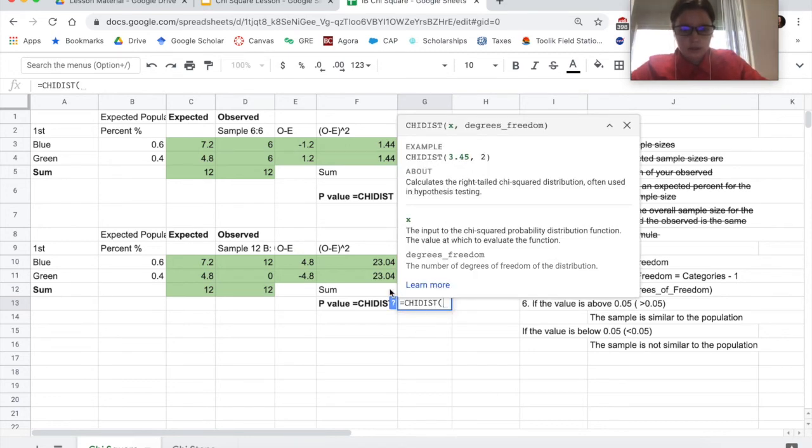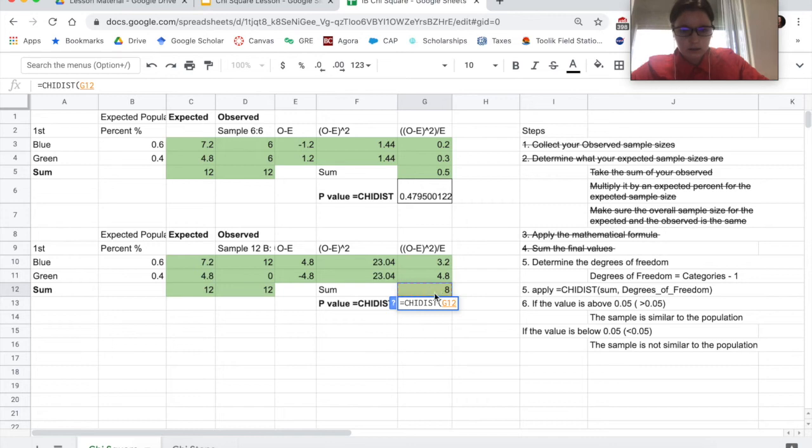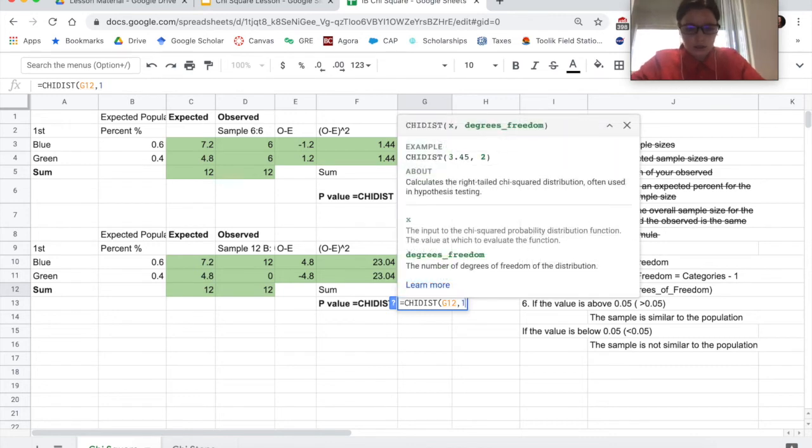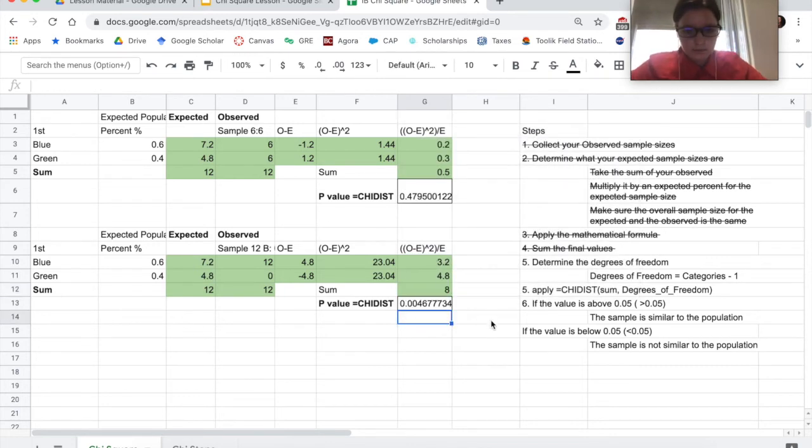Our value is going to be, oops, I can't see it, here, G12. We know the degree of freedom is 1. So now our result is 0.0046.